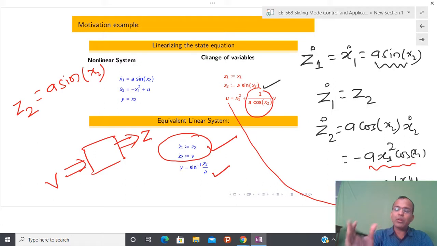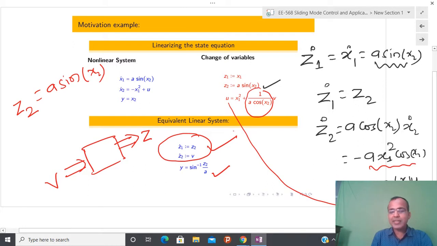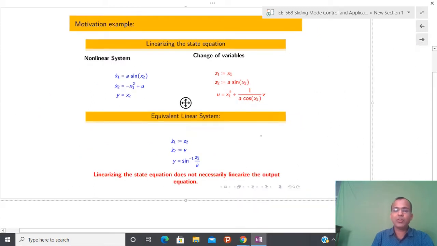We are not very much worried about the condition of the internal variables. We just have to make sure that with respect to the internal variables my system is stable. That is all you have to worry about. But what happens in this process is that I get one disadvantage: my input-to-state relationship is linear, but now the output relationship is non-linear.